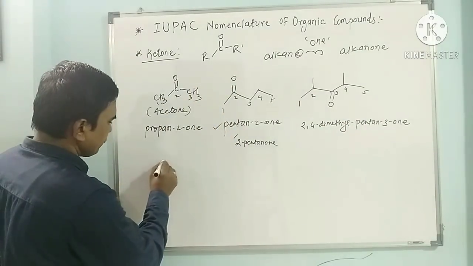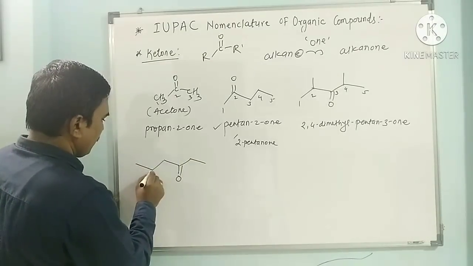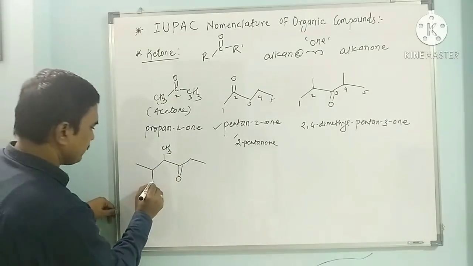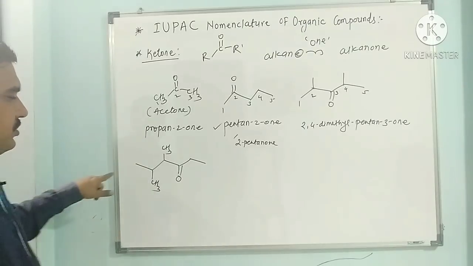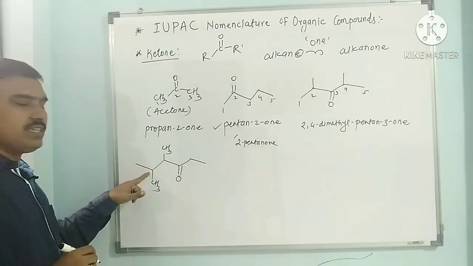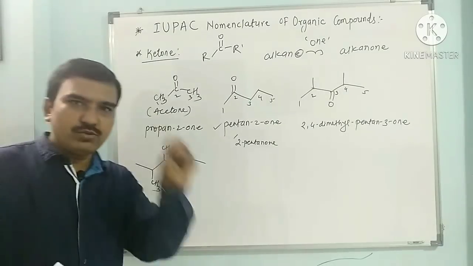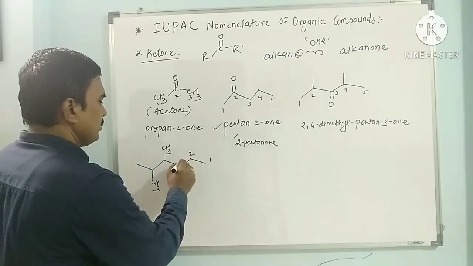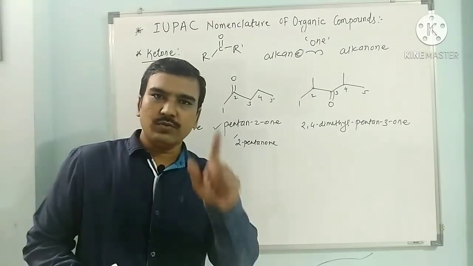If I have CH3, here there is CH3. Now see, if you start numbering from this side, this carbon is having methyl, but its functional group is ketone. So the ketone carbonyl must get lowest possible number. So 1, 2, 3, 4, 5, 6. So this carbonyl should get lowest possible number.